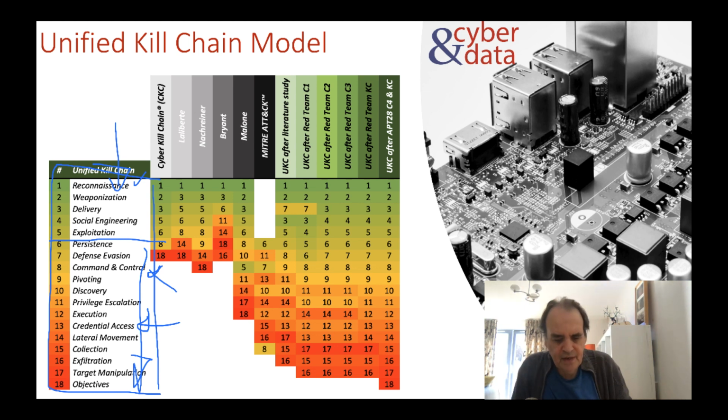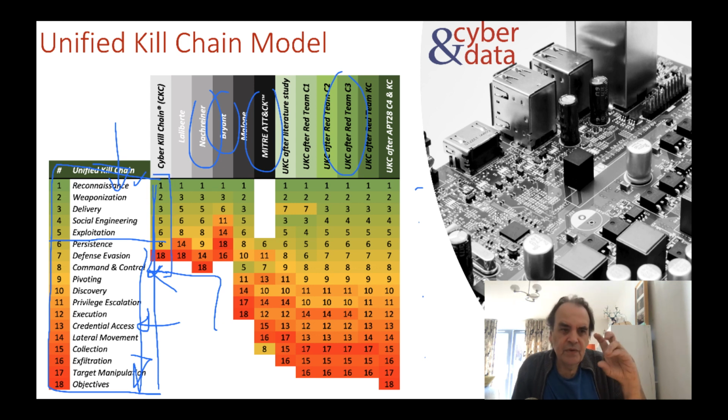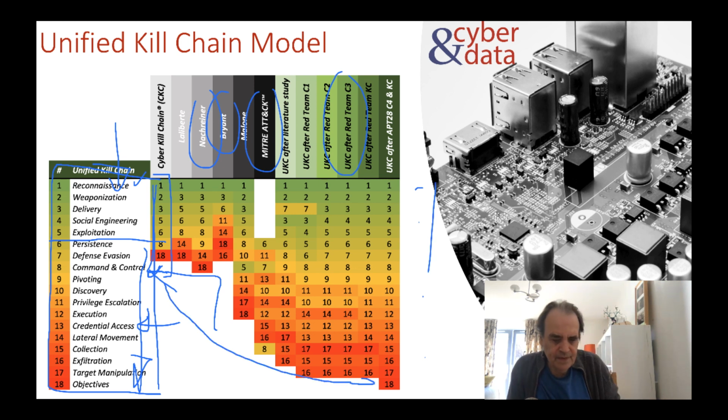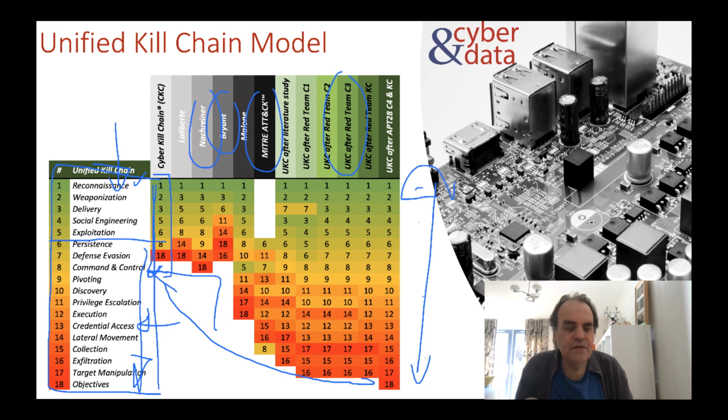So this fits in quite well, and various types of models have been created, and we can see here they kind of fit in to the overall unified kill chain model. The cyber kill chain model we can see here is only looking at these stages, where really we probably need a fuller one that will go through each of the stages that are possible.